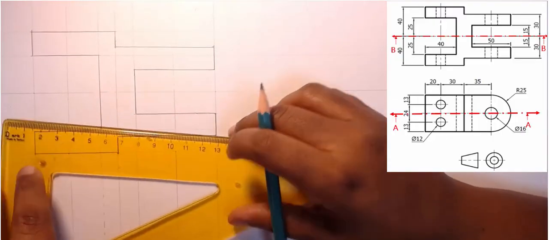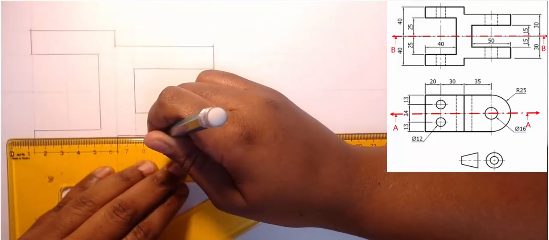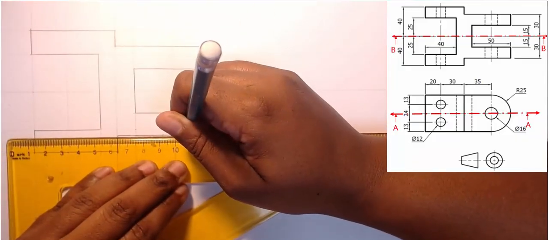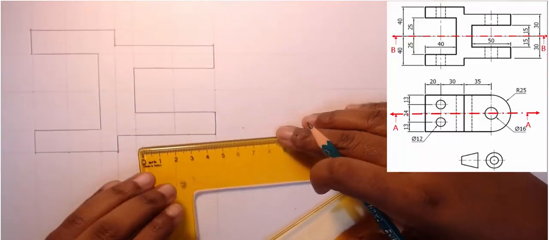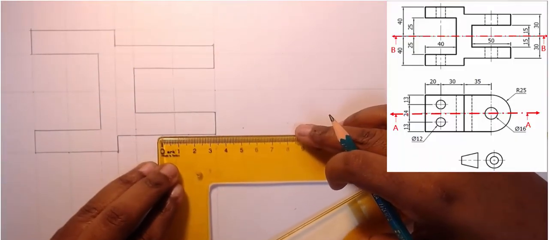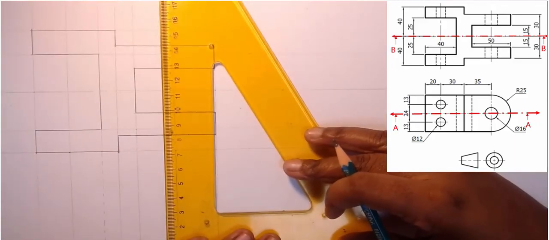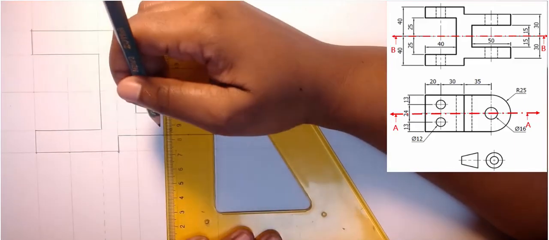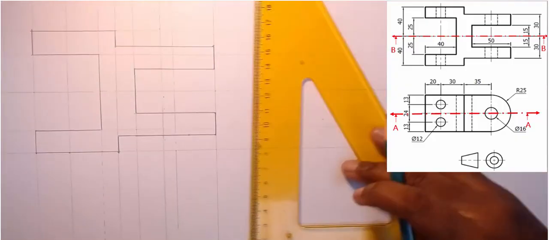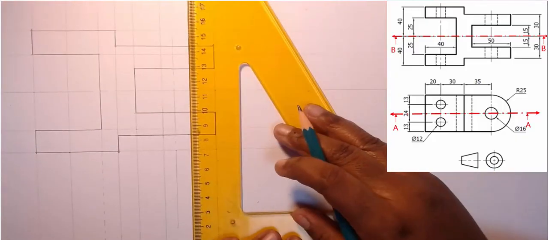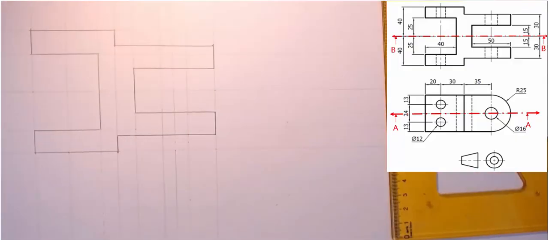So let's measure 8 on both sides. My 8 is going to be there, and my 8 this side is going to be here. So is it 16? Let's measure. Yes, it's 16. So now, you want to draw a straight faint line.